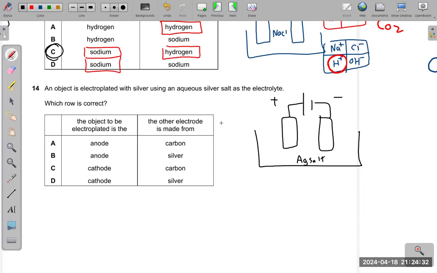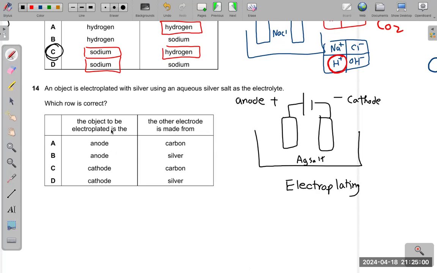Where do I put my silver and where do I put my object? Well, to make it easier for you: anode and cathode. What do I put in the anode for electroplating? In electroplating, in the positive side, you put the metal that you want to use.